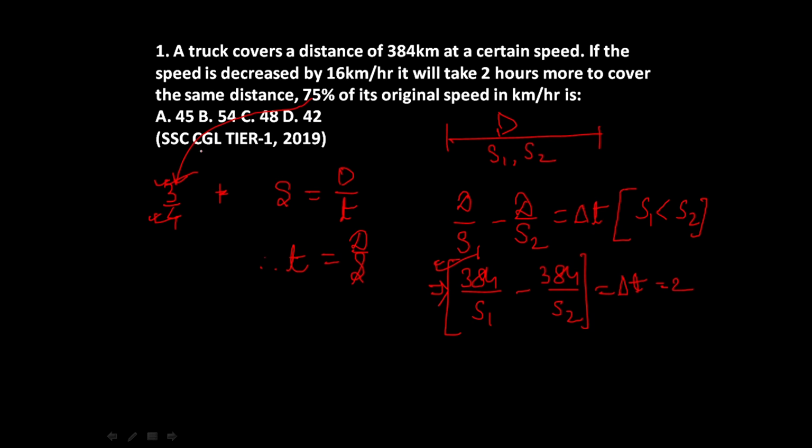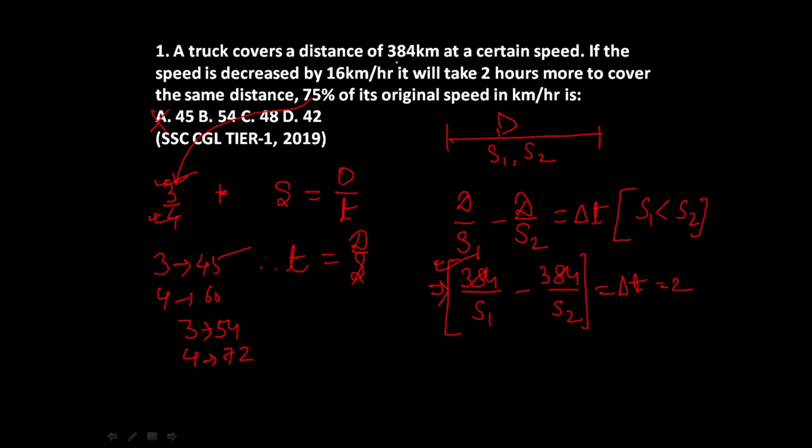So first of all, in option A, 3 is equal to 45. So 4 will be equal to 60. So can 384 be divided by 60 totally? No. So option A will be the wrong answer. Option B says 54. 3 equals 54. So 4 will be equal to 72.